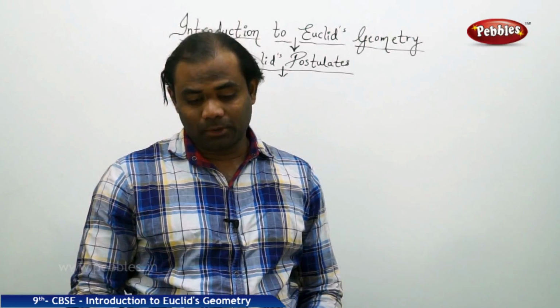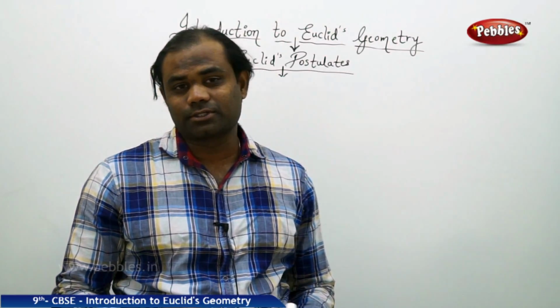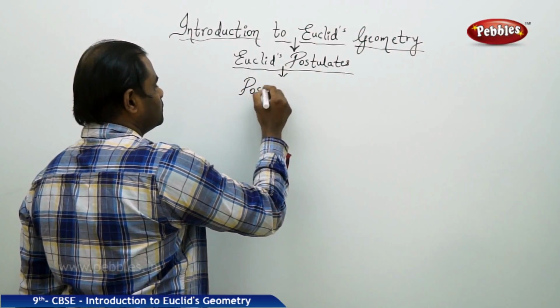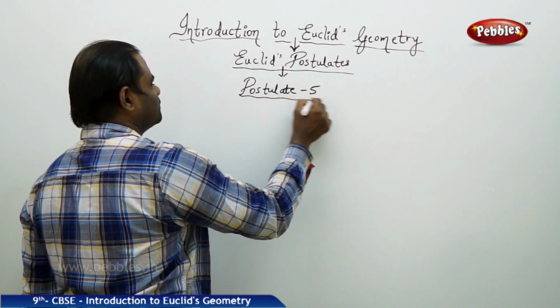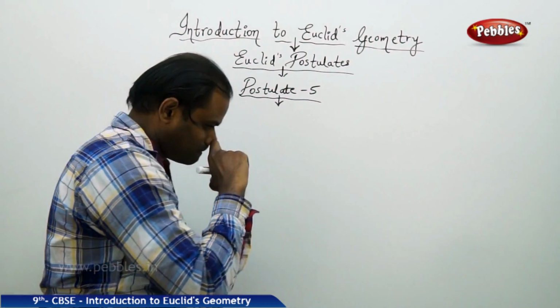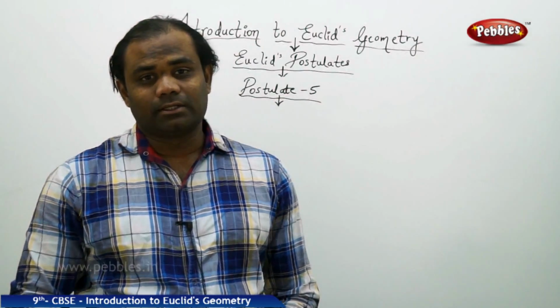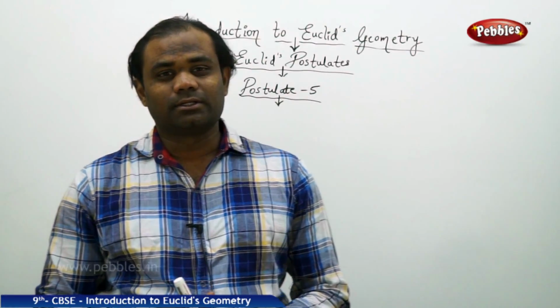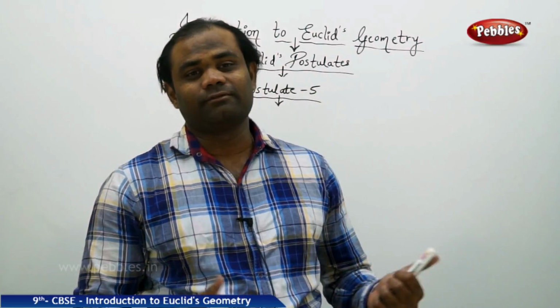Now let's see the postulate number 5, the last postulate in Euclid's contribution. Now coming to the postulate number 5, before we discuss its complete definition, let me tell that all the 5 postulates are dedicated to Euclid, but the first 4 postulates are very simple to understand because they are self-evident.